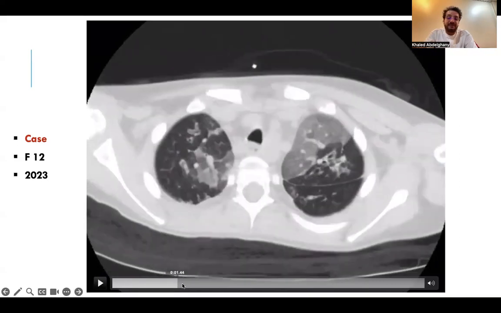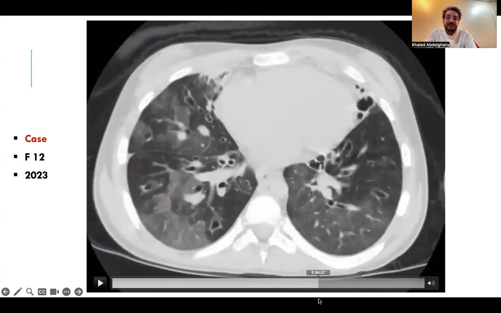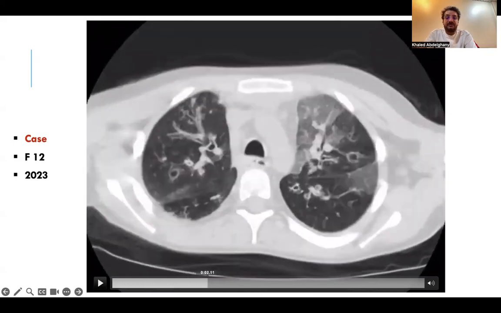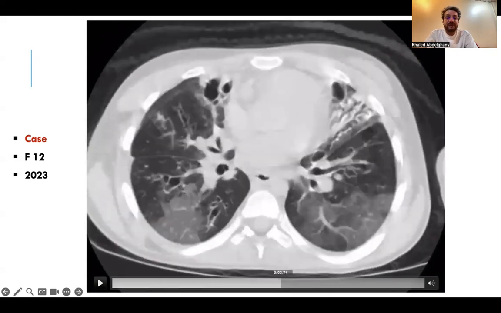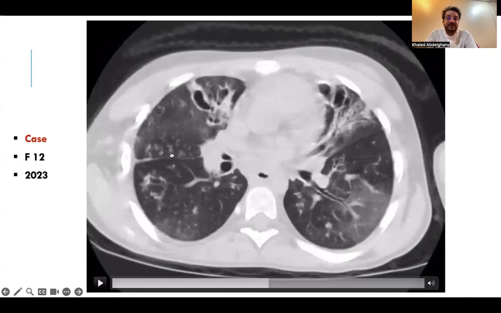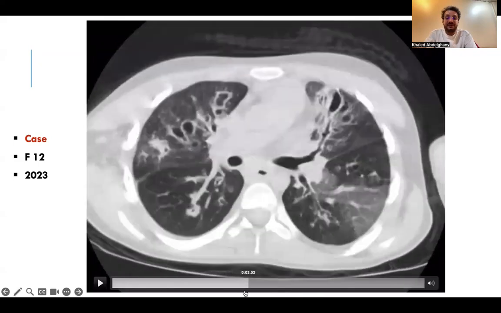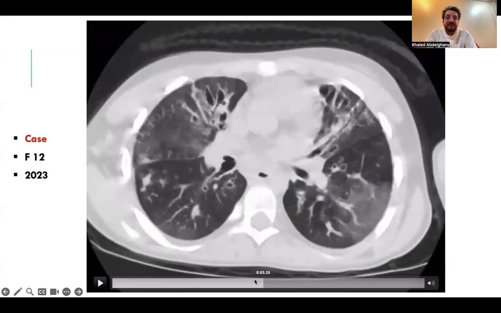So we have crazy paving and ground glass opacities elsewhere, representing acute infection on top of bronchiectasis, extensive tree-in-bud, as you can see here, and mucus plugging, the triad of a specific etiology for chronic infection.